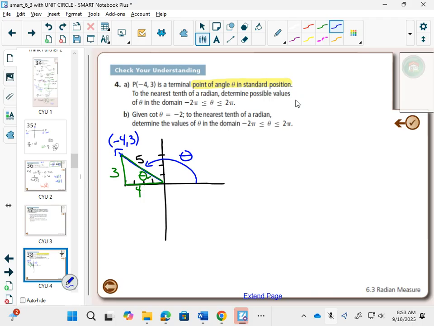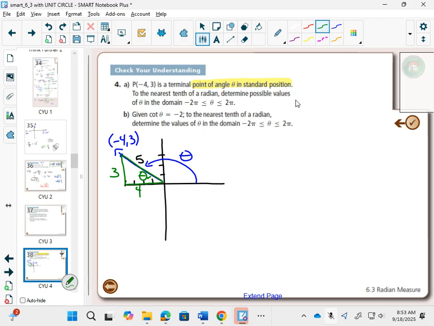I have my reference angle, I've drawn my triangle, I've labeled sides, and now I want to find the angle theta from negative 2 pi to 2 pi. In order to solve for theta, I'm going to need to use SOHCAHTOA. Now, based on this, I know I can find my reference angle, because that's grade 10 math.